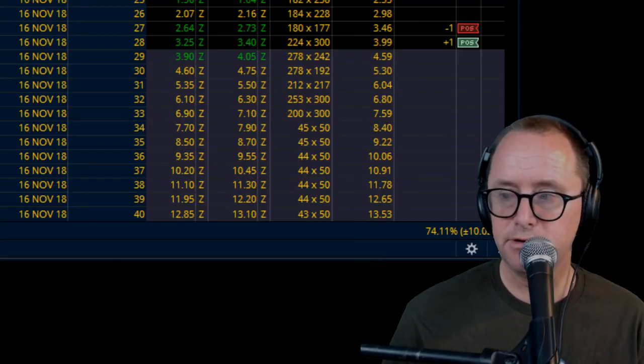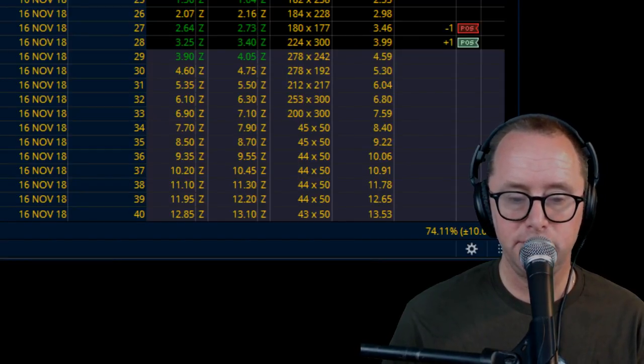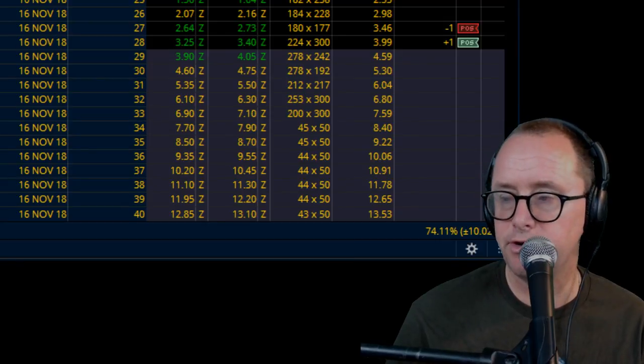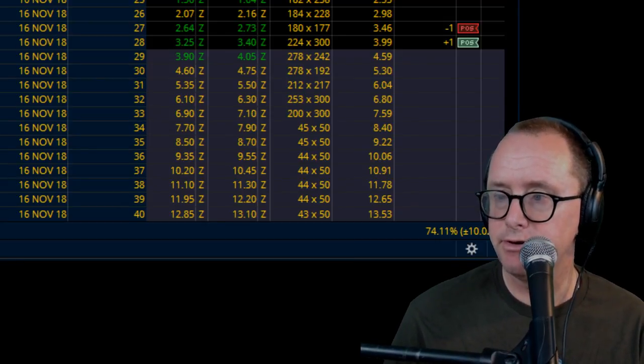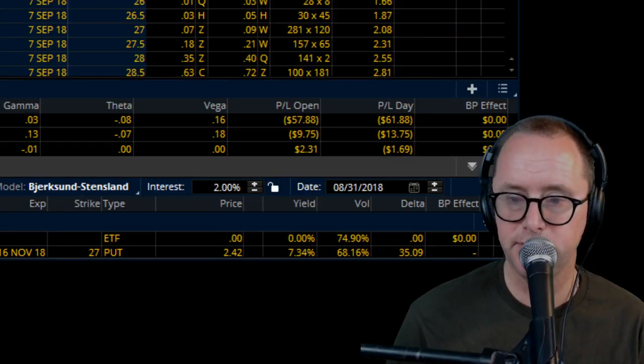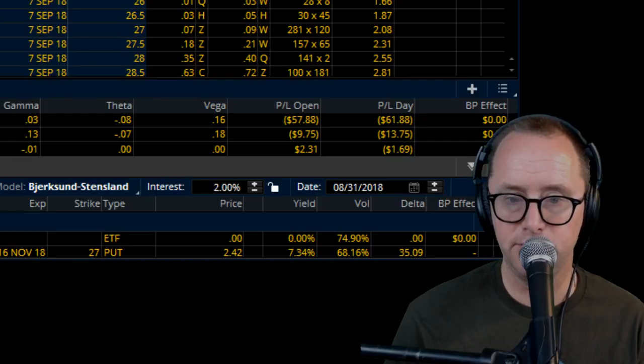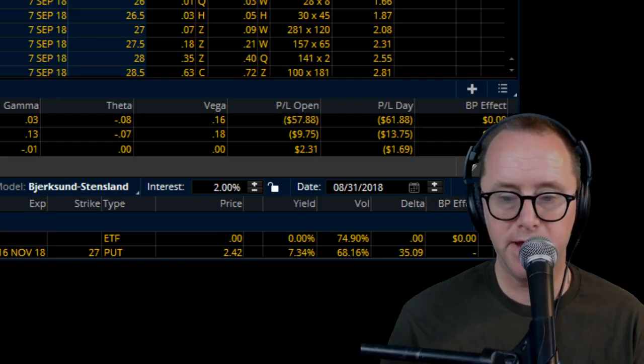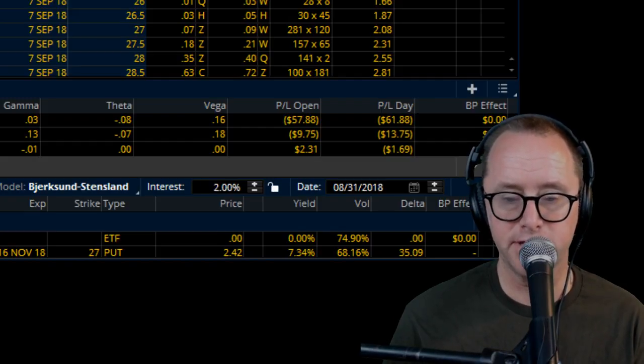Let's take a look at our analysis page on Thinkorswim and see how this spread is going to move in real time, because we can actually model that right now to see how this spread would move over the next couple days, or right now if VXX were to move around.